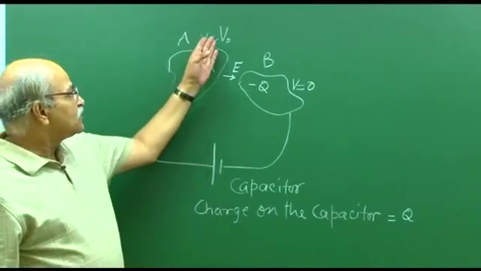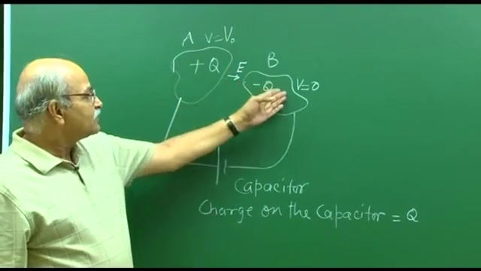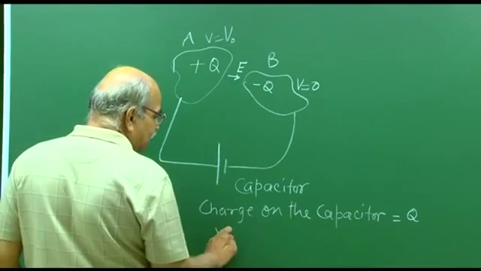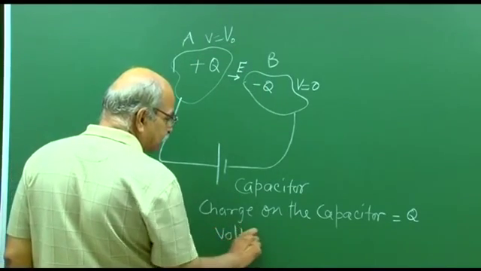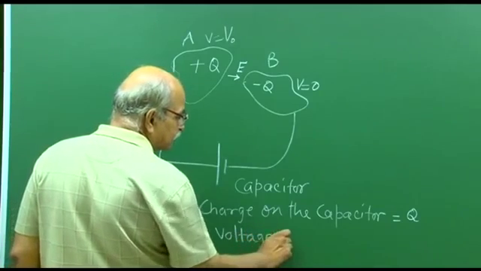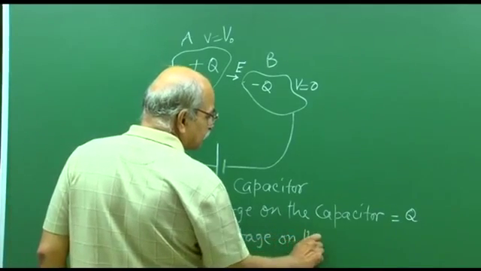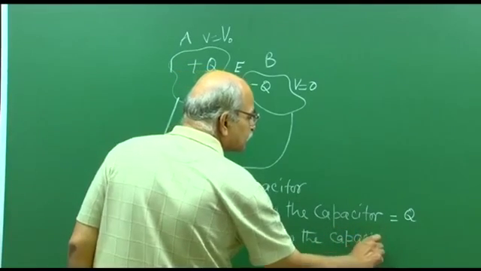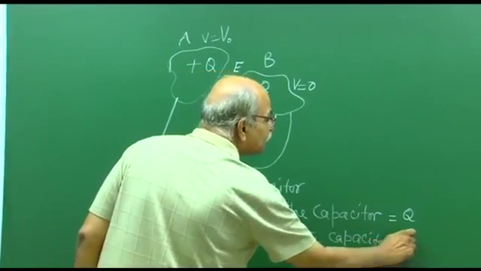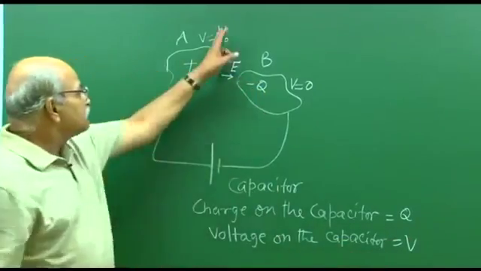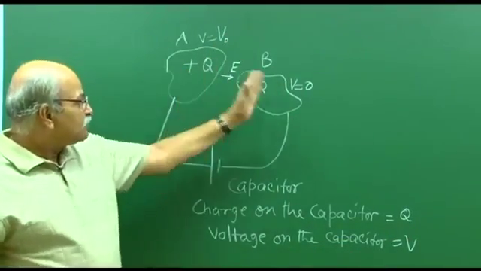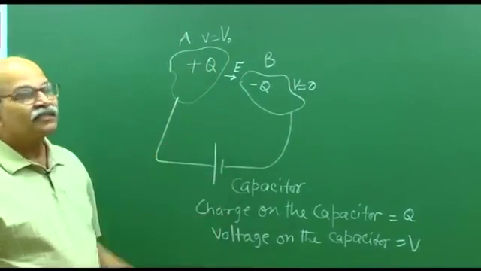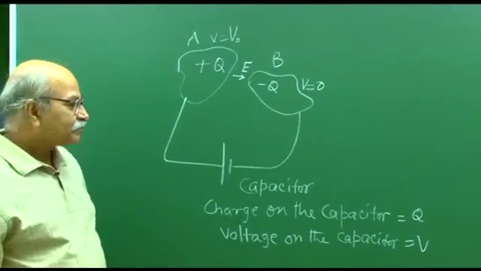Then you have this potential difference, this V and this V. So, that is typically known as voltage on the capacitor. Here it is V0, but let us say V. V is the potential difference between these two conductors. So, that is known as voltage on the capacitor.